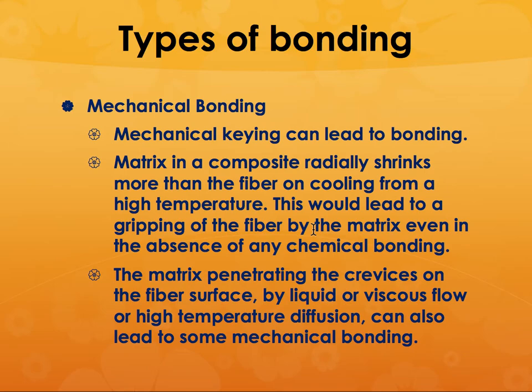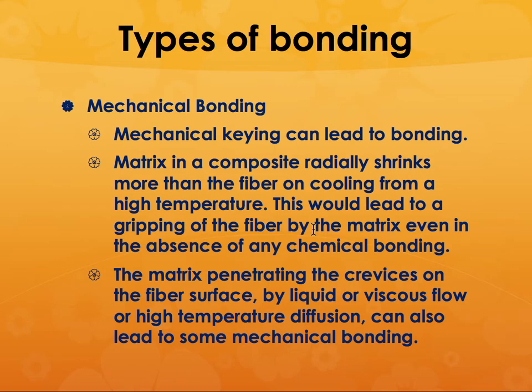We also want to see if we can get good mechanical bonding, mechanical interlocking between the matrix and the fibers. Because if you have mechanical bonding, it can improve the bonding strength and therefore the strength of the composite. And the other thing is that the thermal expansion coefficient between the matrix and the fibers also controls the final properties.